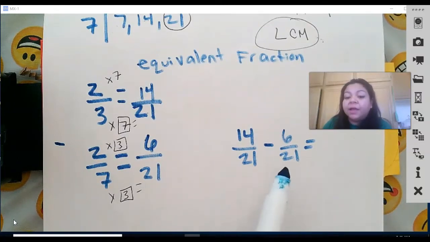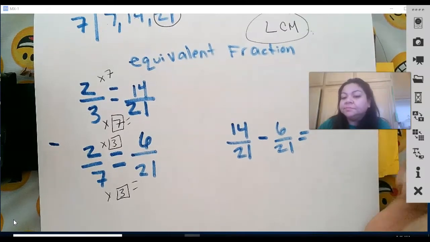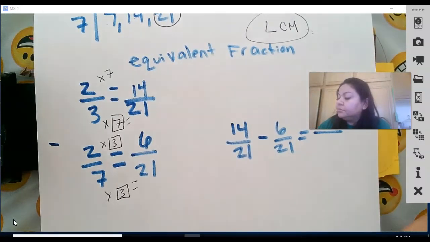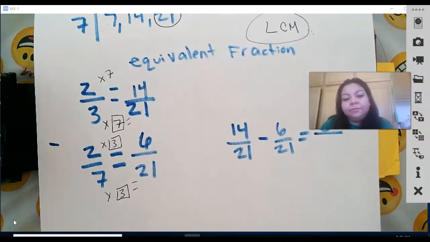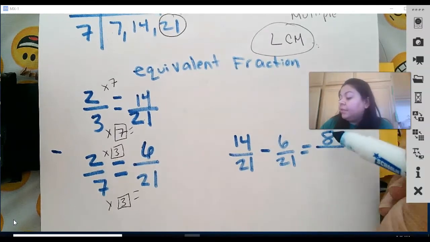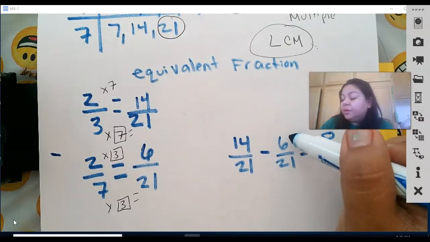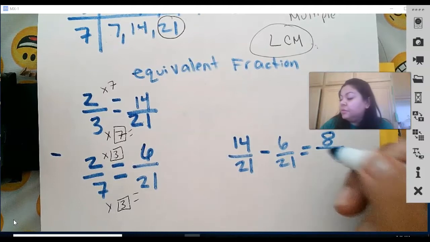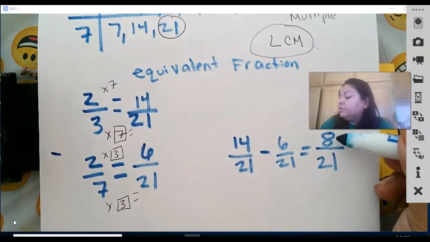That's why you have to have the same denominator. 14 minus 6 equals 8. And to check your work, you can always add your difference with the number you're taking away, and it should give you the first digit in your subtraction. And then the denominator stays the same. So that's 8 over 21.